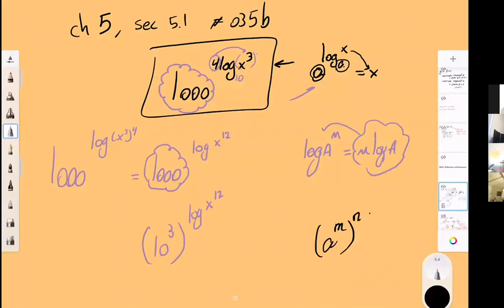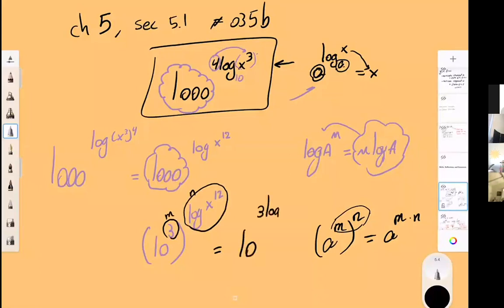What do we do with these two exponents? Multiply them. It will be m times n, correct? So this is my m and that's my n. I know it's huge, but we don't care. If you multiply them, you get 3 log of x to the power of 12.